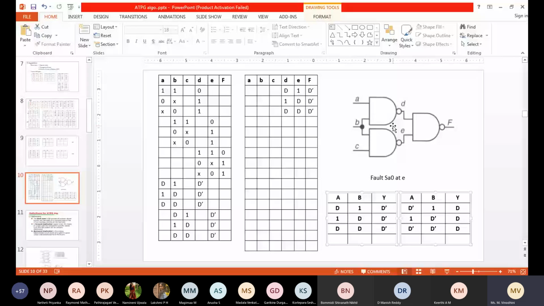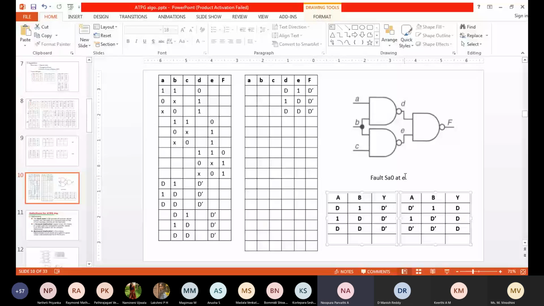Now, where is the fault? The fault is at E. And what is that fault? It is a stuck at 0 fault. How will I activate this fault? If E is 1, can I activate the fault? Or if E is 0, can I activate the fault at E?